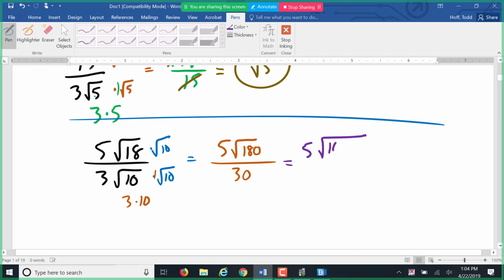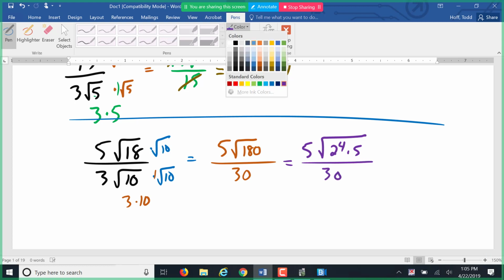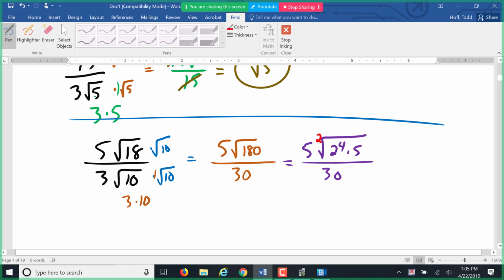180, I'm going to break down into 16 times 5, or I could break it down in 2 to the 4th power times 5 if we factored it. Now remember, this is a square root, so that index, even though it's not written there, is really a 2. 2 to the 4th power square root, that's 2 squared. What's left inside there is just the 5. Did I do that right?